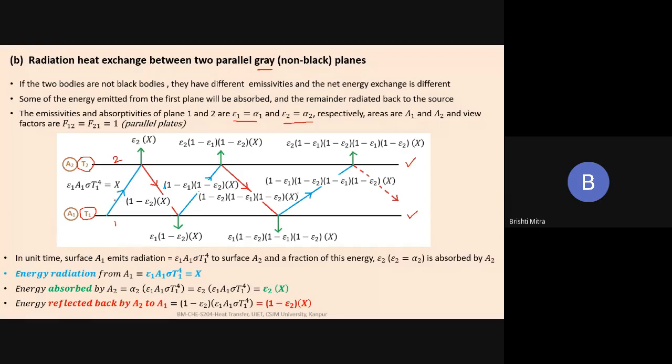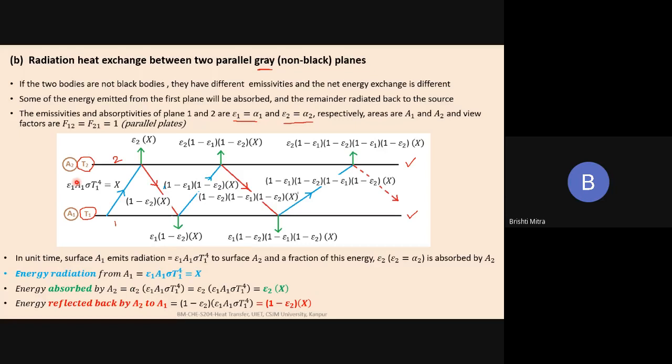So the radiation energy that is emitted from 1. Let's look at the first blue arrow. Let me get my pointer laser. This is the amount of radiation that is coming out from body 1 and going towards body 2. This is equal to epsilon 1 A1 sigma T1 to the power 4. Why is there an epsilon 1? Because this is a non-black body. But why don't we include the view factor?